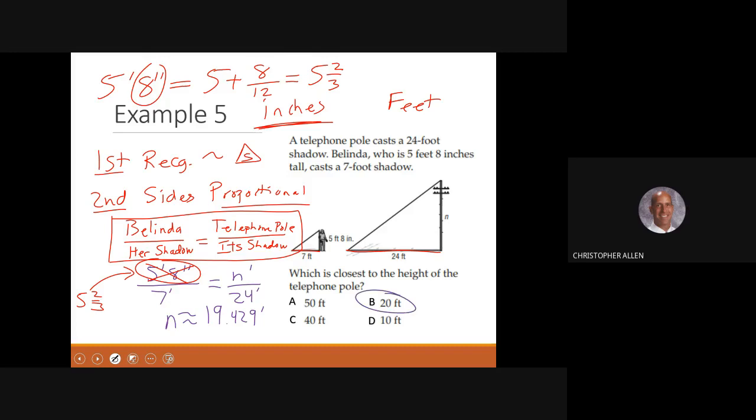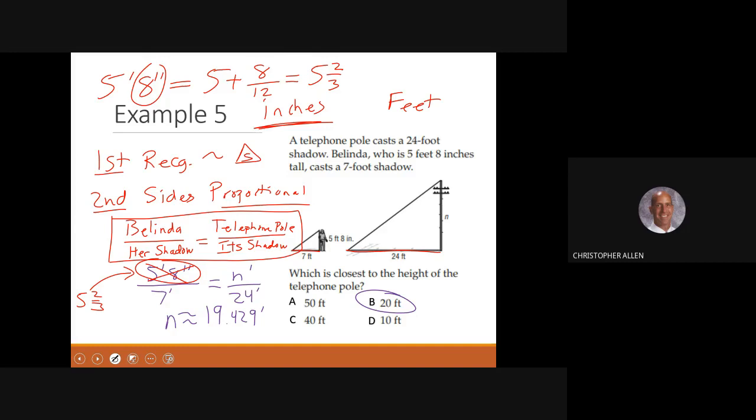Hopefully you guys would realize that 20 is the closest to 19.4. And so that tells us, Belinda, without actually having to get up on the top of this telephone pole or anything like that, if she uses these similar triangles, she can determine that that telephone pole is roughly 20 feet tall.